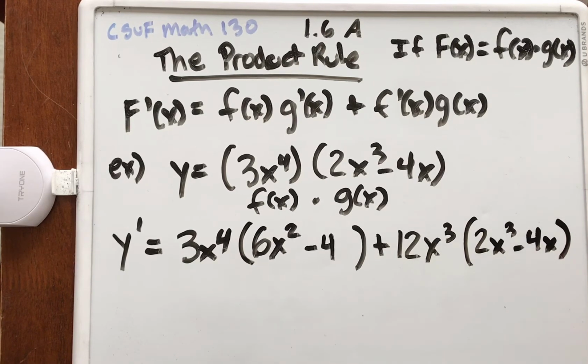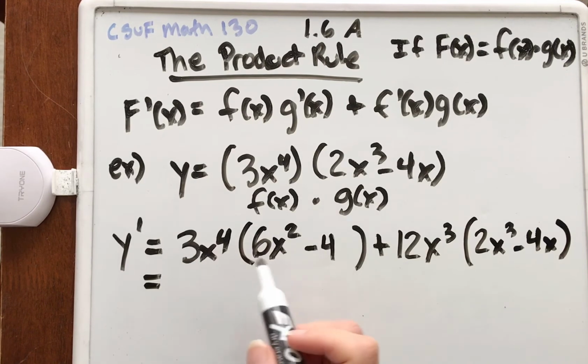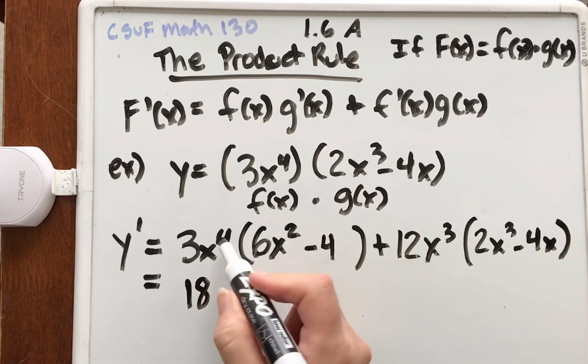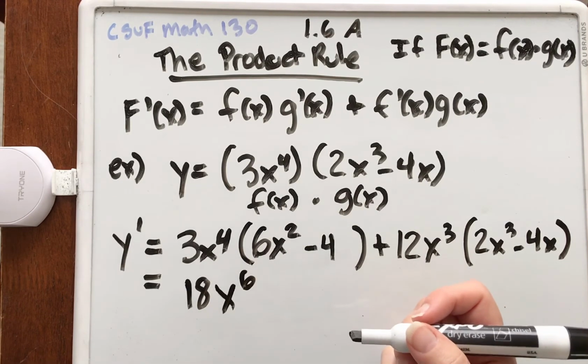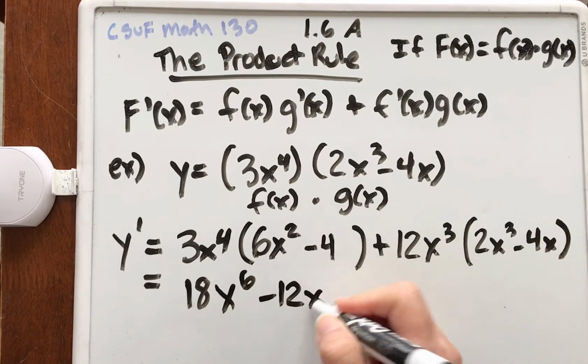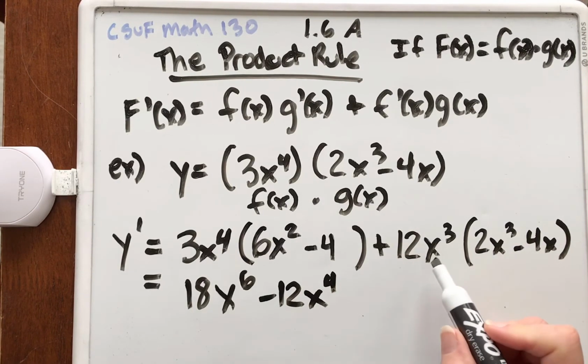Okay, so let's continue now. The rest is just algebra. We're going to distribute. So 3 times 6 is 18. X to the 4, x to the 2, we add the exponents, which is x to the 6. 3 times negative 4 is minus 12. And we leave the x to the 4. Okay, let's go on to this one now.